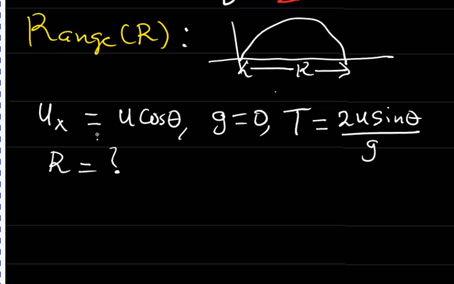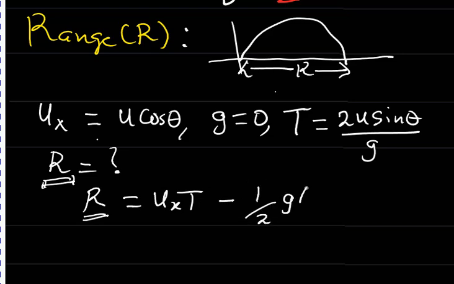So which equation of motion captures all this? Range here is the same as x or h. So that is the second equation. We know that distance, which is equivalent to the height, is equal to u of x multiplied by the time, which is the time of flight, then minus half gt square.